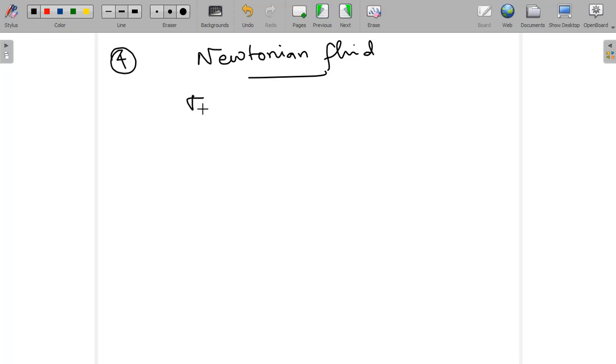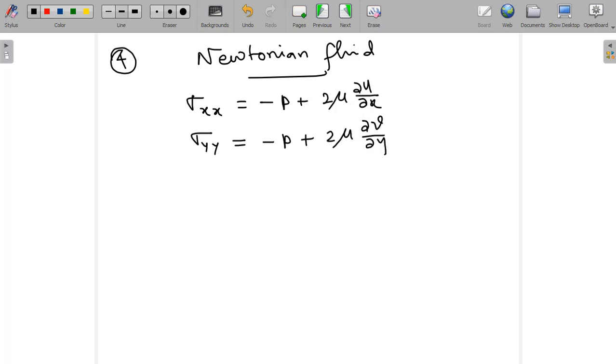So according to that, sigma xx is equal to minus p plus 2 mu del u del x, sigma yy is equal to minus p plus 2 mu del v del y, and tau yx and tau xy is mu into the cross derivative term, that is del u del y plus del v del x.